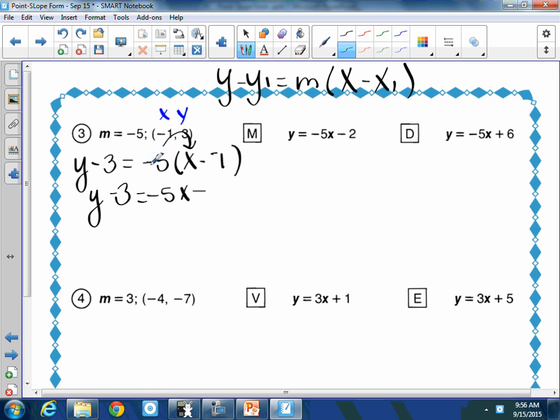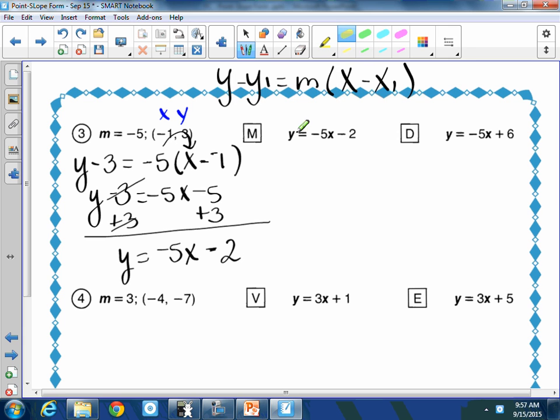Minus, because I already have a minus, negative 5 times negative 1 would be 5. But then that becomes negative because of that minus in there. All right, now I'm going to add a 3 on both sides. And y equals, that was 0, negative 5x minus 2. So the correct answer is M.